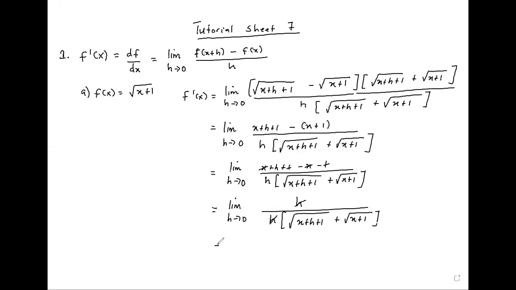So we remain with 1 over the root of x plus h plus 1 plus the root of x plus 1. Wherever there is h, I can substitute the 0 now. But this is just 1 over 2 times the root of x plus 1.